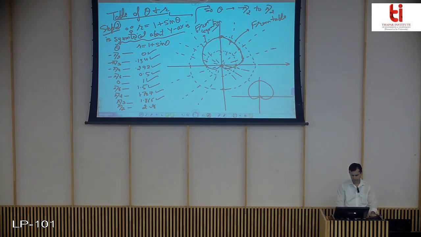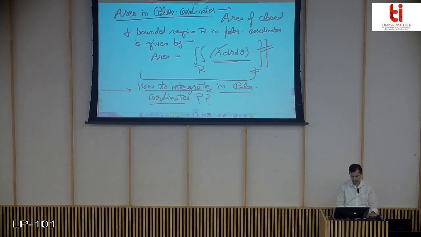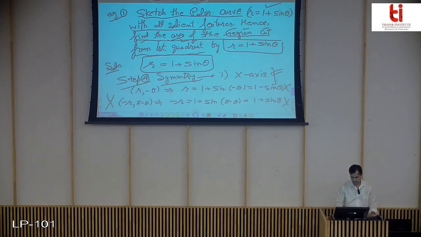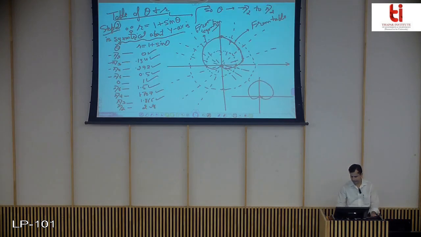He is saying the area of the region cut from the first quadrant by this curve. So this region is basically this one, the region cut from the first quadrant.